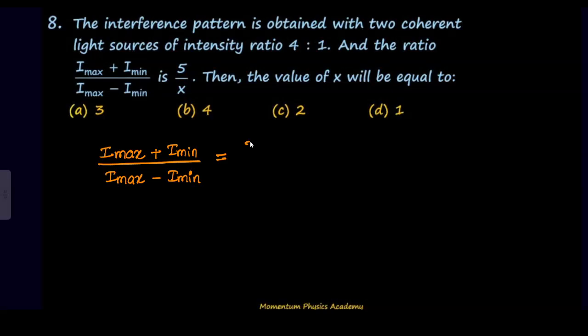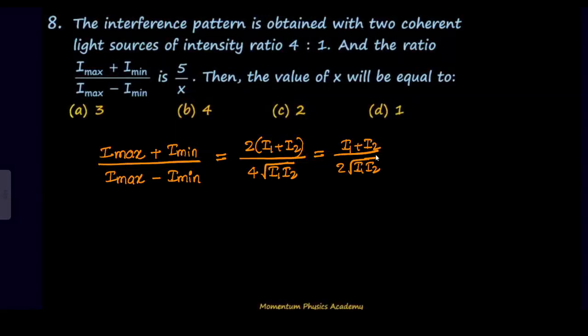Just now we have seen 2 into (I1 plus I2) by 4 root I1 I2 will come. So this is nothing but (I1 plus I2) by 2 into root I1 I2.